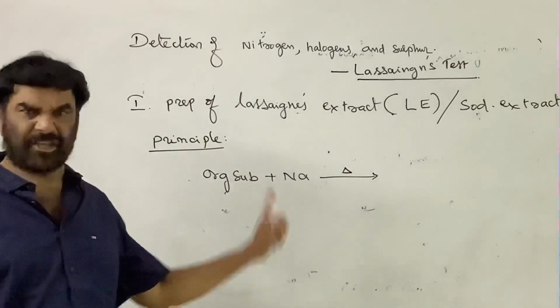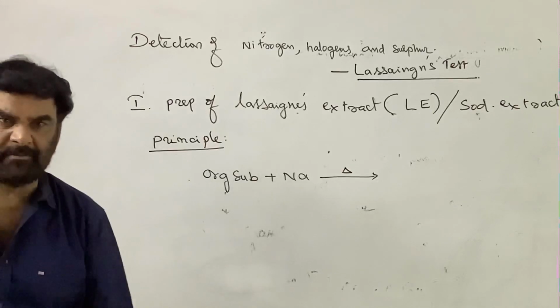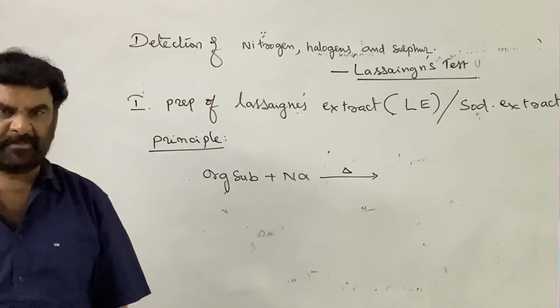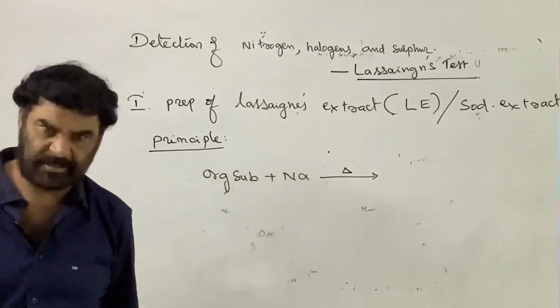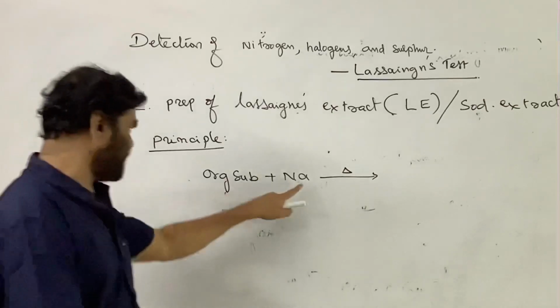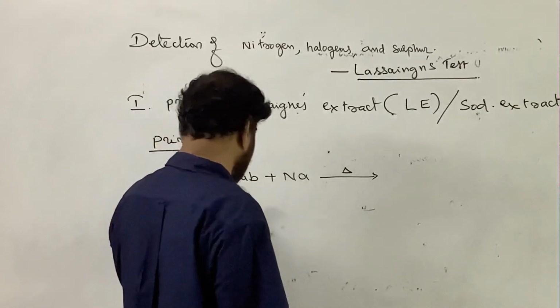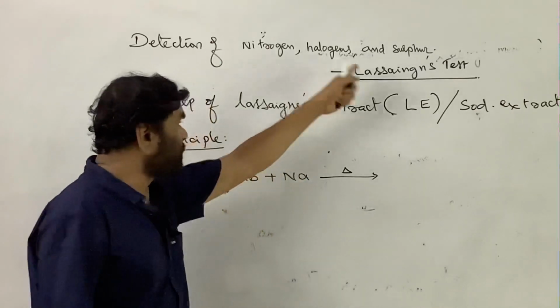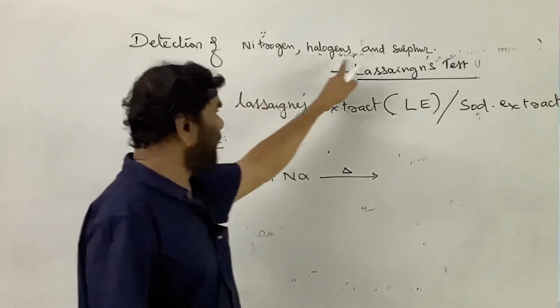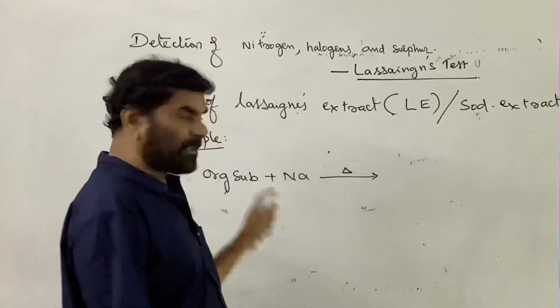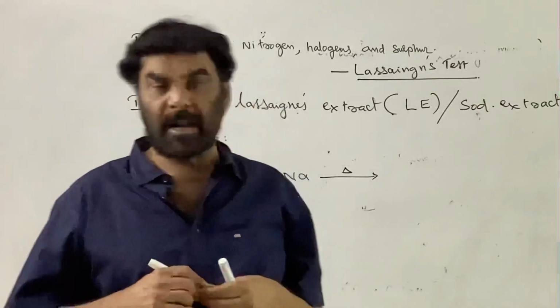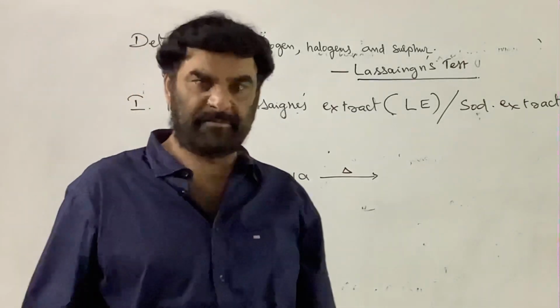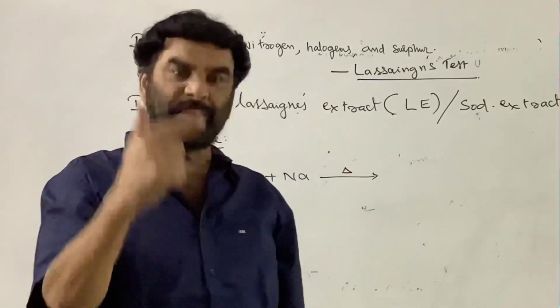Some chemical reaction, a thermal reaction, is going on. Under vigorous, forced conditions, the sodium reacts with the different elements present, that is those heteroatoms, nitrogen, halogen and sulfur. Sodium reacts with the organic sulfur and converts it into sodium sulfide, which is a source for the sulfide ion.